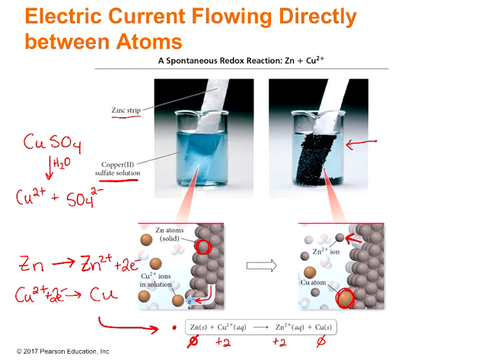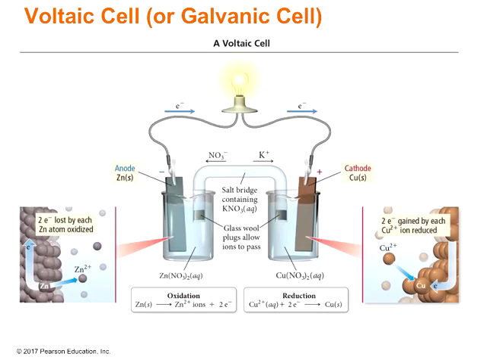Now we can utilize this spontaneous redox reaction to maybe power something like a battery, because in this process we do have a flow of electrons going from zinc to copper. So what we can set up is something called a voltaic cell, or sometimes we'll call this a galvanic cell. Down below we have, instead of copper and zinc in one beaker together, we're going to separate them.